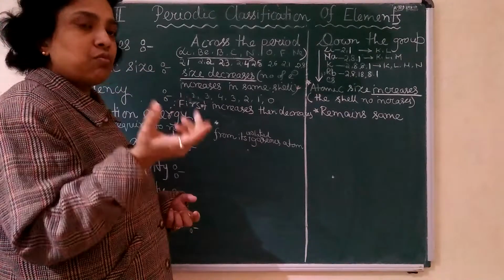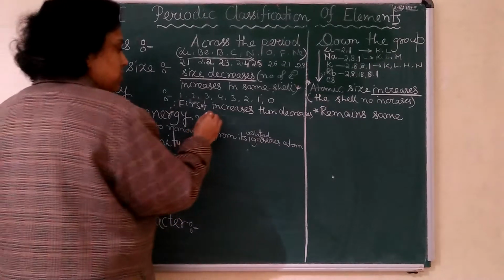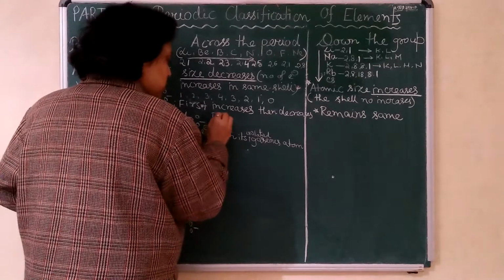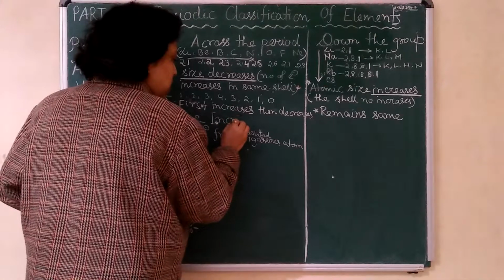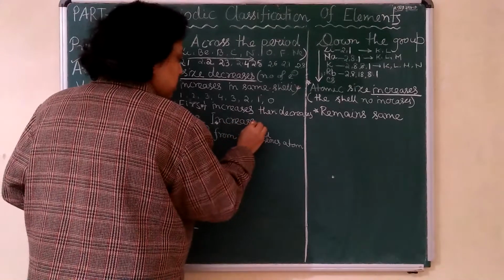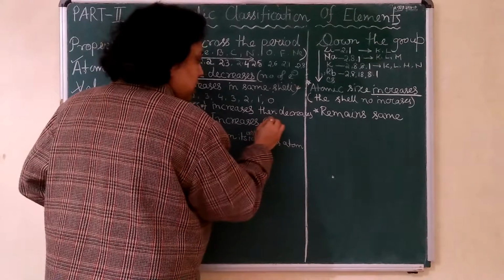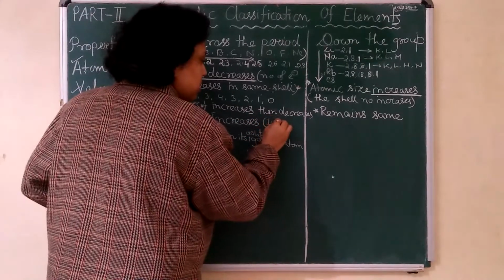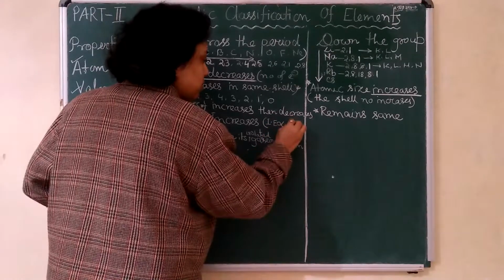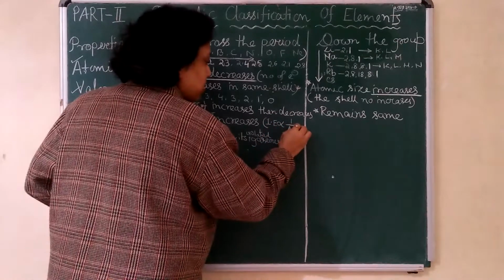As the energy is more, ionization energy also increases. So across the period, ionization energy increases. One hint I will write: ionization energy is inversely proportional to the atomic size.